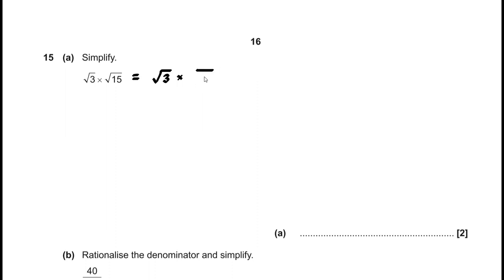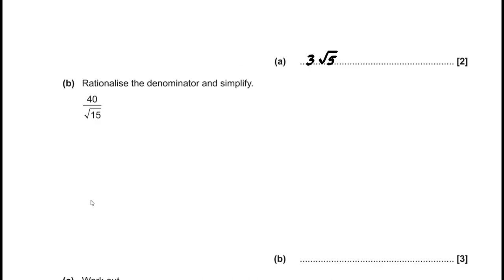Now root 15 is the same as root 3 times root 5. Now root 3 times root 3, that's just 3, and then I've got this root 5. So I've got 3 times the square root of 5.